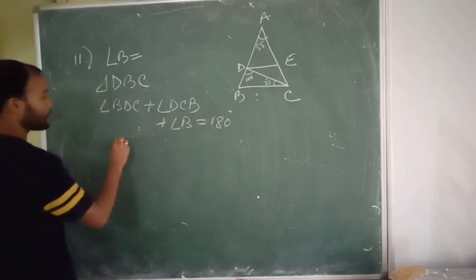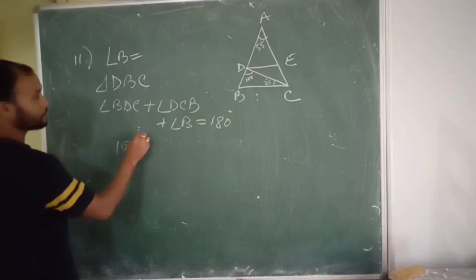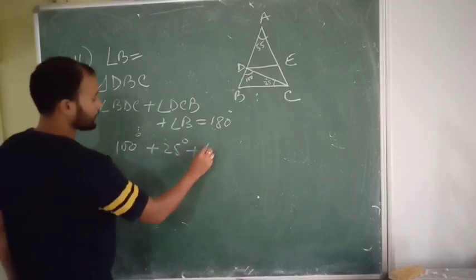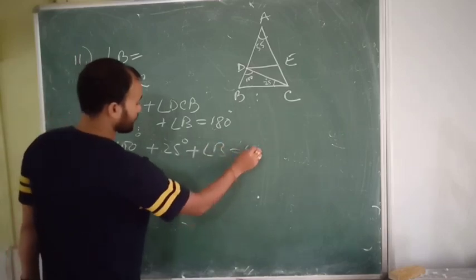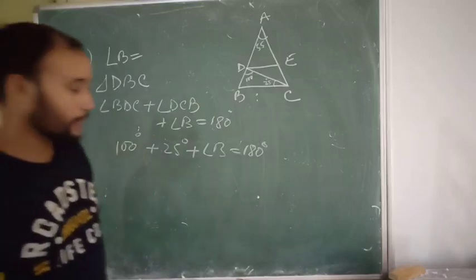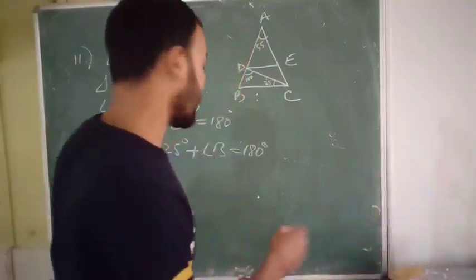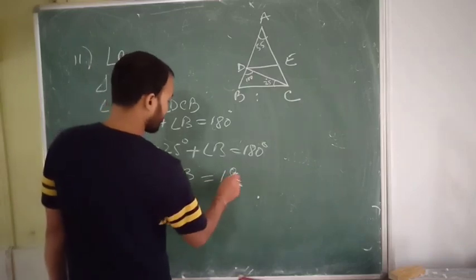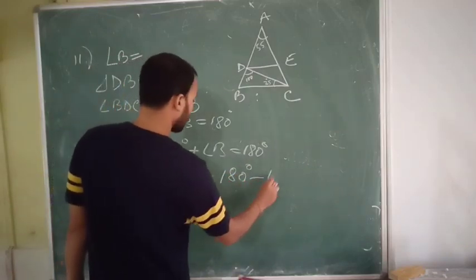Put the values. That is 100, the other one is 25 degree, plus angle B equals 180 degree. Now for angle B, angle B equals 180 degree minus 125.